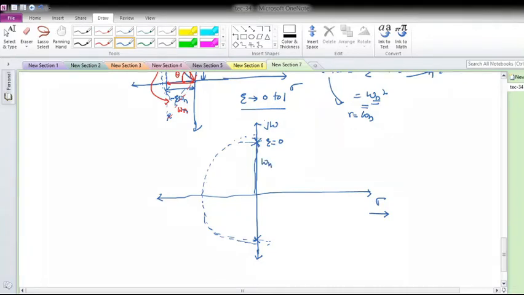Now let me slightly change the pole location. Instead of here, let me put it somewhere here. Then there will be a complex conjugate like this.